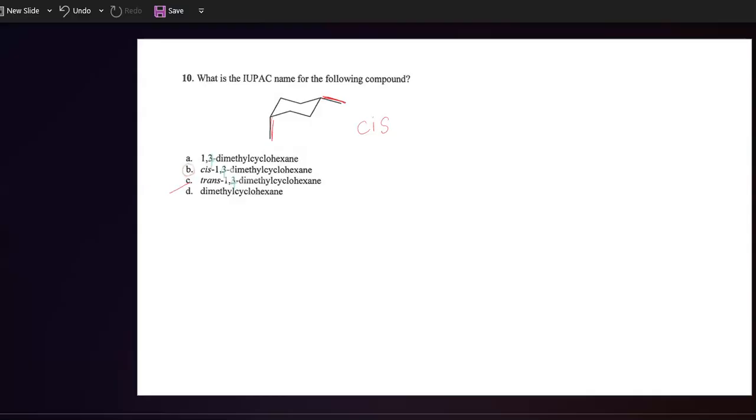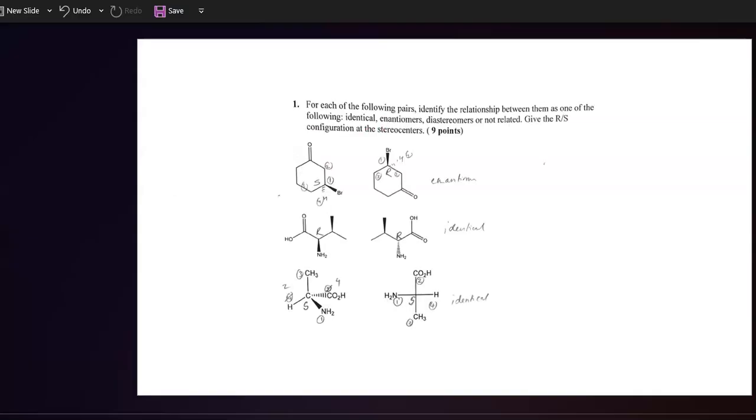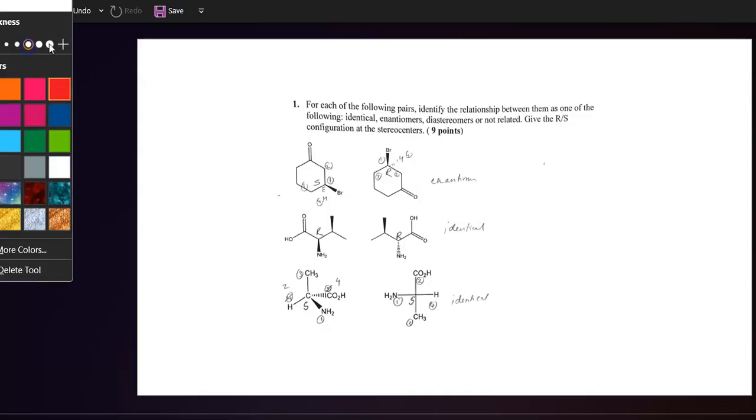So you can rule out C here because that's trans, and then that gives me the correct answer as B, which is cis 1,3 dimethyl cyclohexane. That should be 1,4. Okay, yeah, this choice should be cis 1,4 because it's 1, 2, 3, 4, 1,4 dimethyl cyclohexane. Okay, all right.